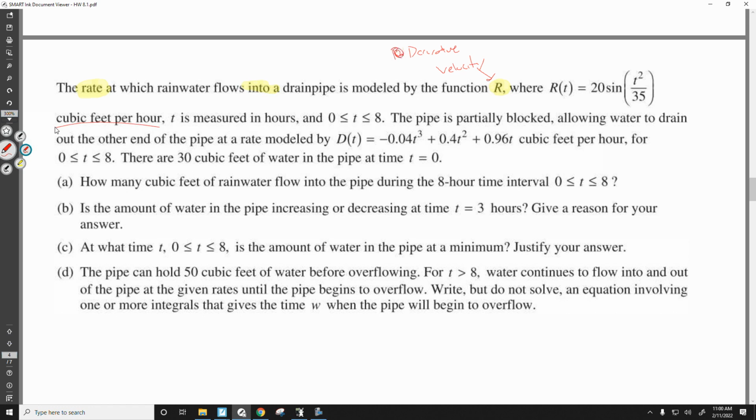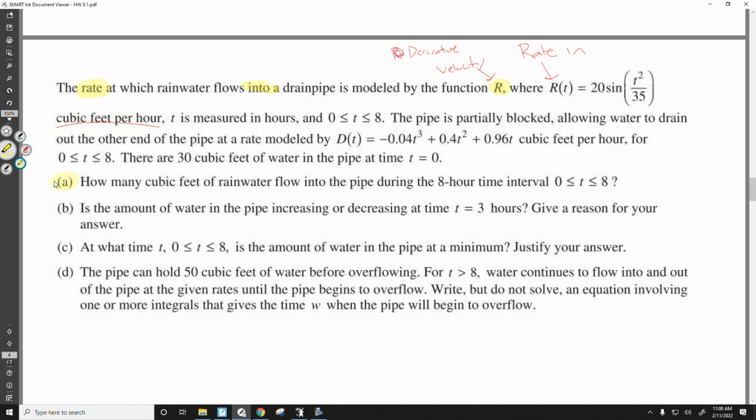Look at the units. Feet per hour, meters per second, velocity. Make sense? Okay. The derivative is a velocity. I'm going to call it a rate at which things are flowing in. Okay, the rate at which water is being added. The velocity in. Cool?